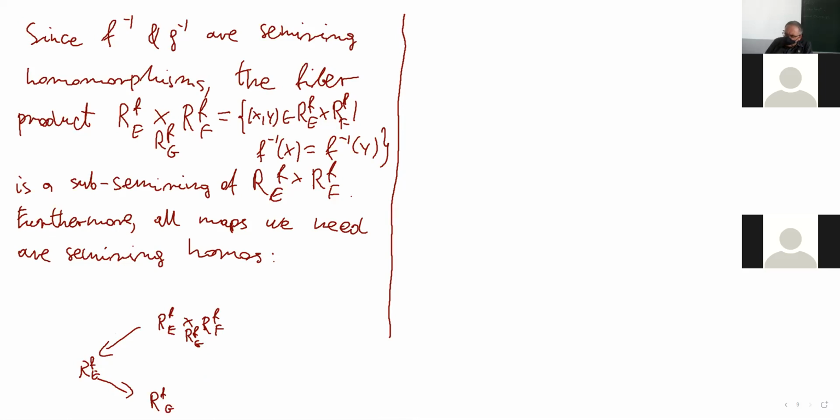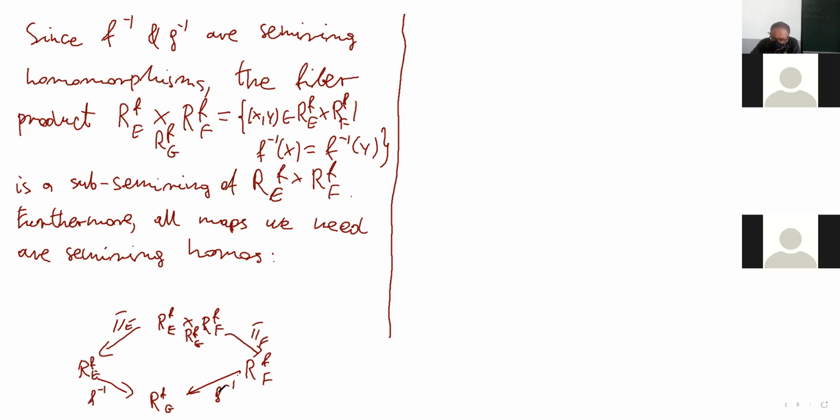Now we're using this argument about the enrichment of a category. So pi E and pi F are now obviously semi-ring homomorphisms. F inverse, G inverse are by assumption semi-ring homomorphisms.